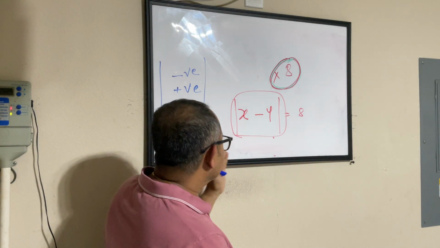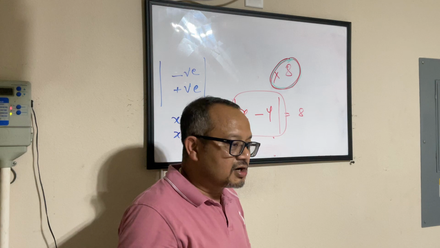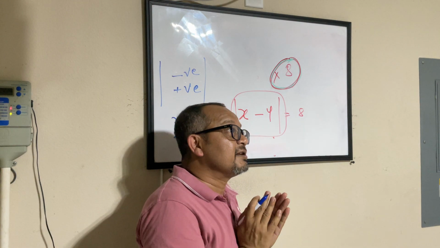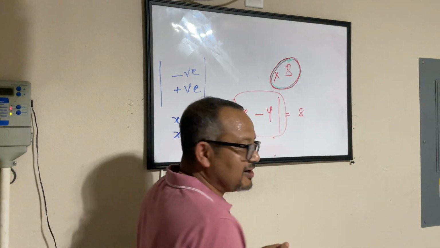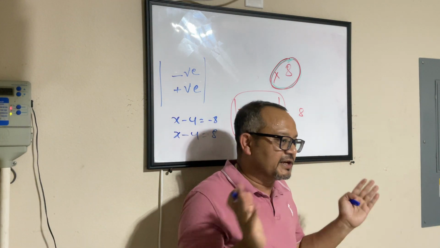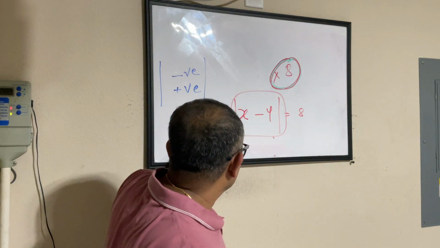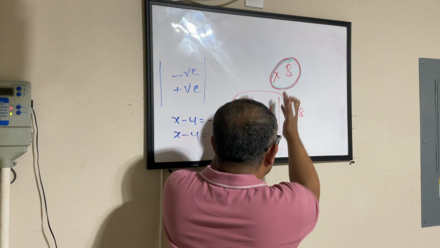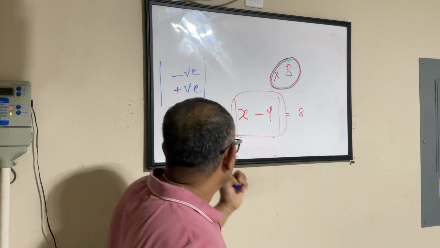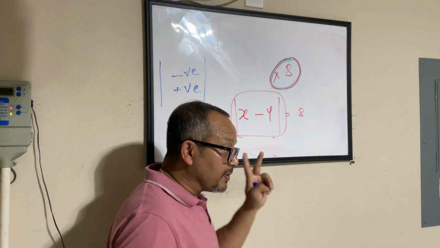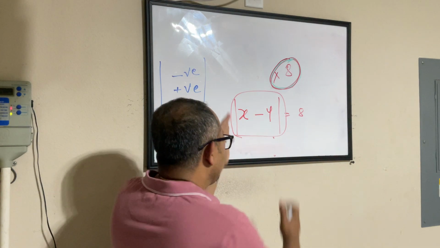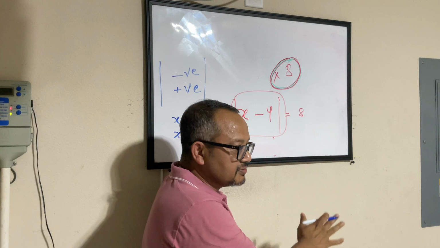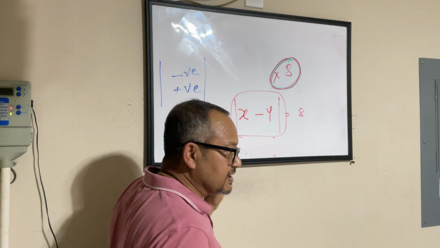Whenever you see a bar, it makes you immune to the sign. So you are looking at two possible scenarios, one with a positive, one with a negative, and mod transforms that into a positive value, just the absolute value, where you kill the sign which is next to it.